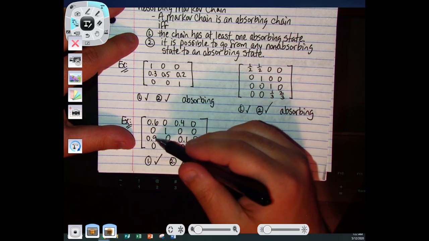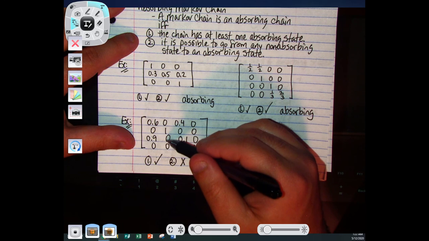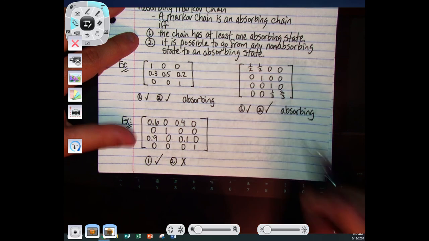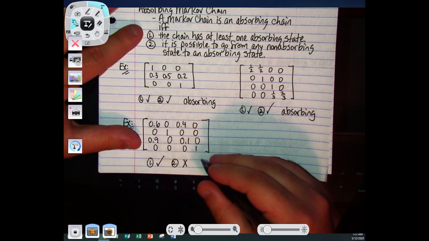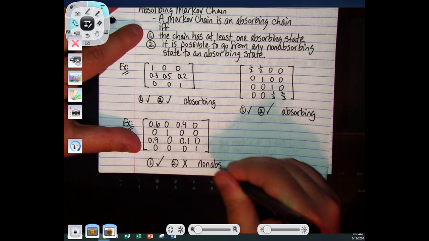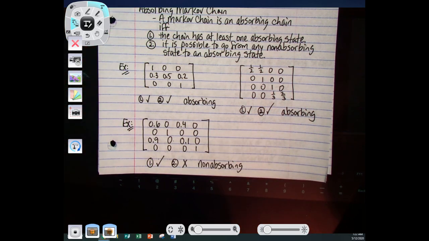Is it possible to go from 3 to 2? Nope. Is it possible to go from 3 to 4? Nope. So therefore, this is not absorbing. Because we didn't meet that second condition, we state that this is non-absorbing.